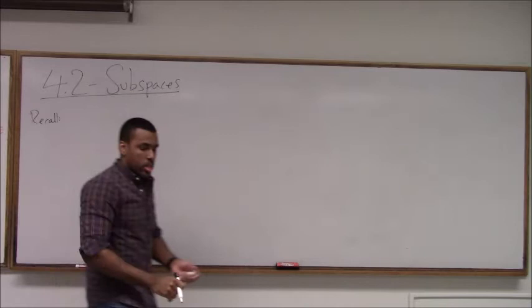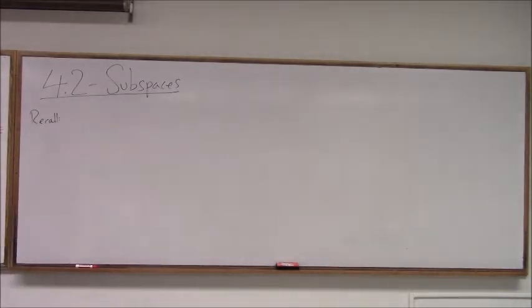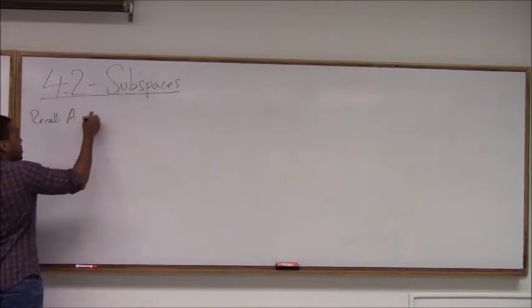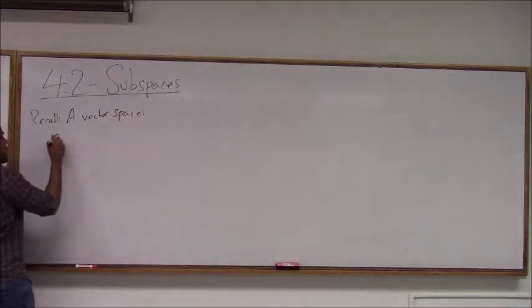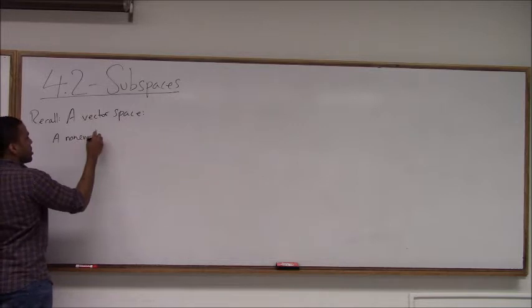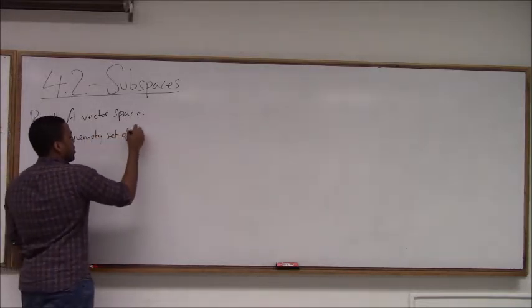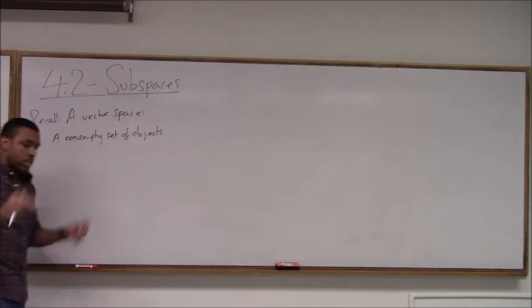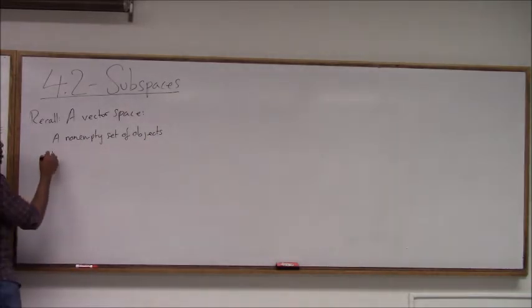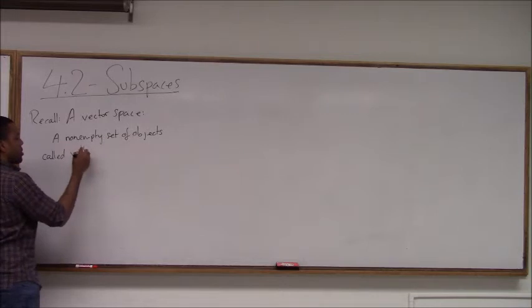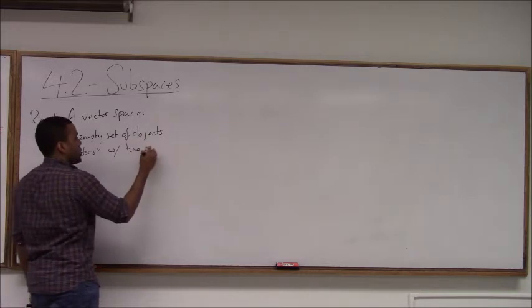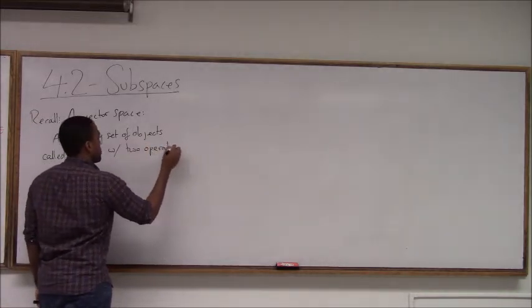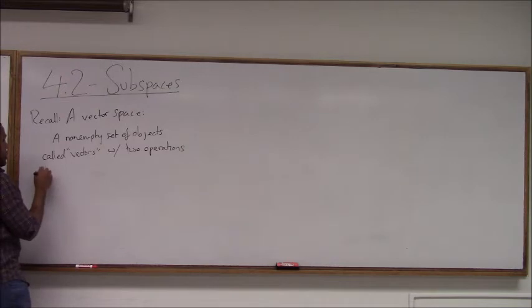So let's recall, because we know that subspaces are subsets of vector spaces that are also vector spaces, so let's recall what is a vector space. This is a non-empty set of objects, and they can be very general, they don't have to be all vectors, with two operations defined.